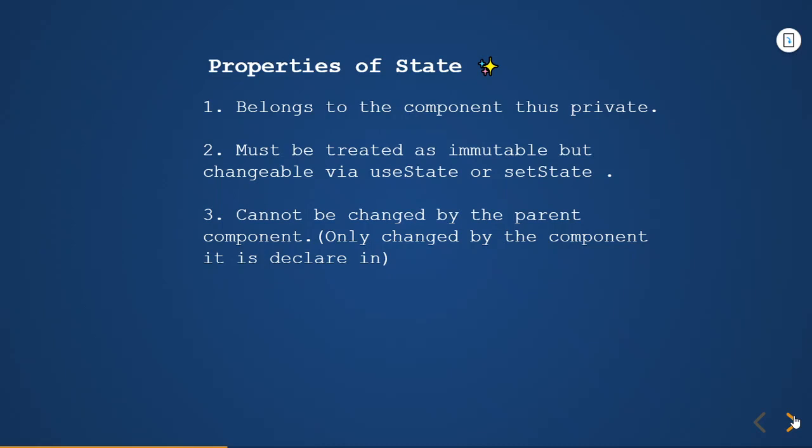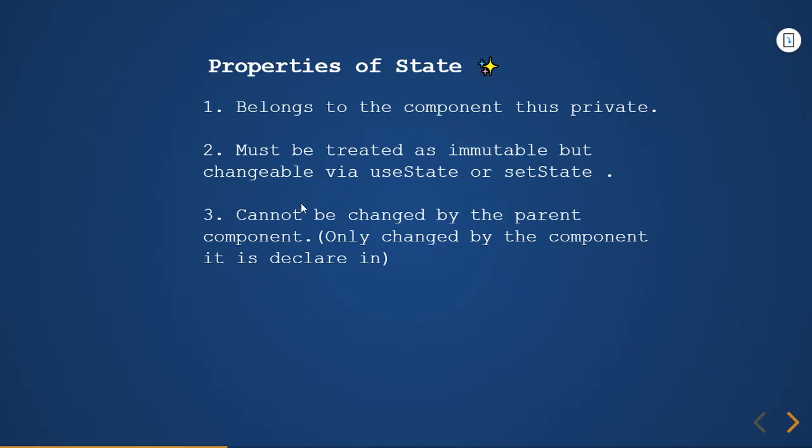The second one is that it must be treated as immutable. That means you cannot say, assuming you have a counter, counter equals something. You have to use a method provided by React. You can either use the use state hook, or the set state method available in the class component.